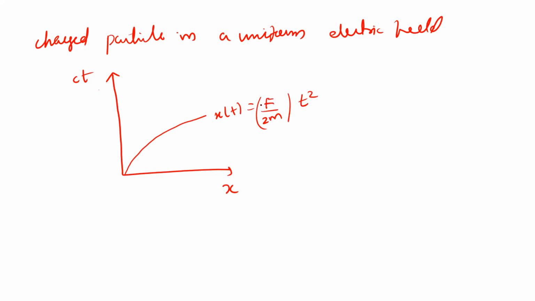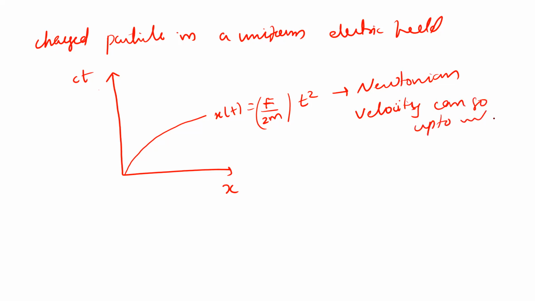In the Newtonian case, for constant force, there's no limit on the slope. The slope can keep on increasing, which means that the velocity, because you are applying a constant force, keeps on getting accelerated, F equal to ma, and can go up to infinity.